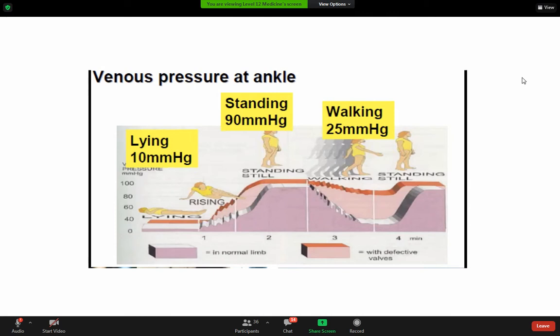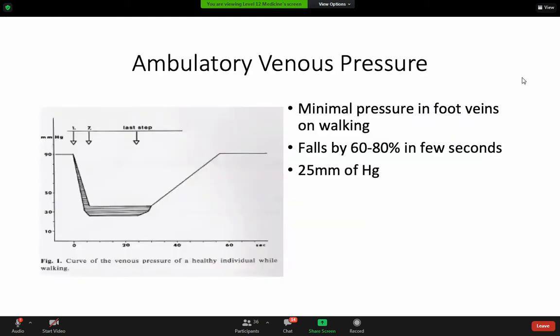Okay. If the pressure with walking is higher than 25 millimeter mercury, means that there is a problem. There is increase in the venous pressure. اللي هو ambulatory venous pressure. So ambulatory venous pressure, usually, as I mentioned, 25 millimeter mercury. If it's more than that, means there is a problem in one of the mechanisms.